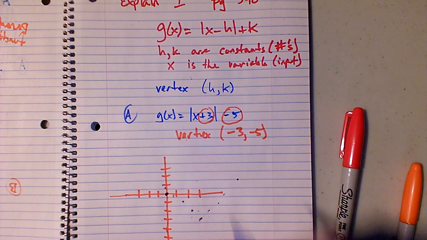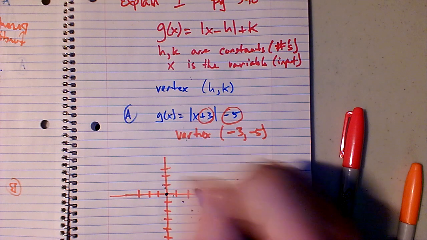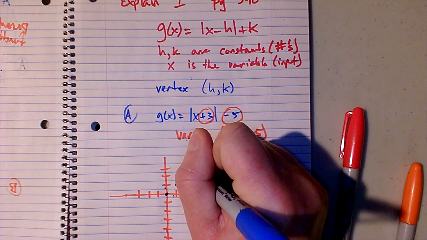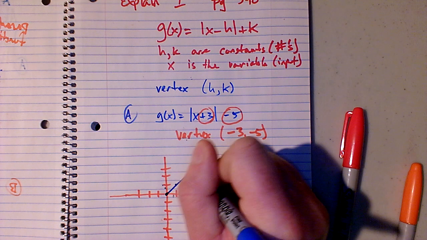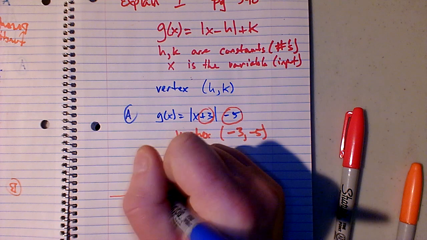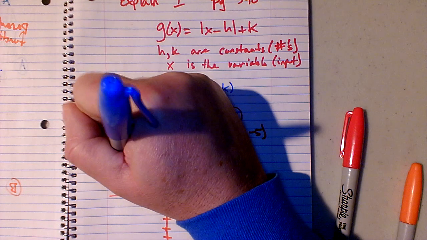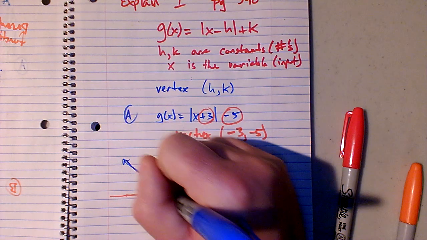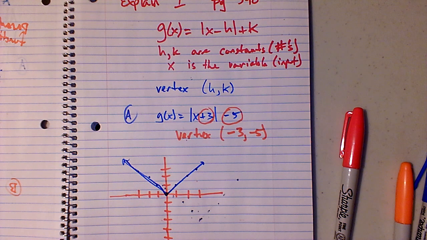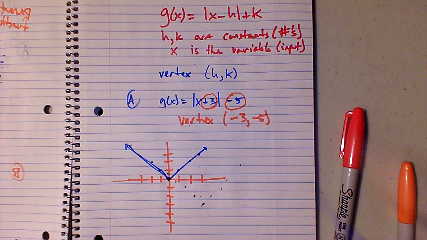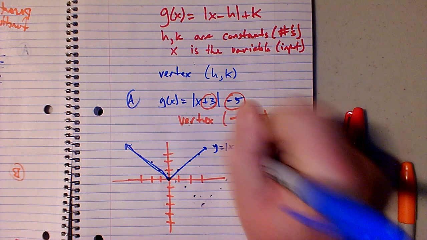The vertex of the parent function, the basic function, is at the origin, and then I get this V that goes up with a positive slope of 1 to the right, and a negative slope of 1 to the left. And that should be straight. It's a lot tougher for me to go from left to right than right to left. I just trained my brain that way. So there's our original parent function. That is the graph when y is equal to the absolute value of x.